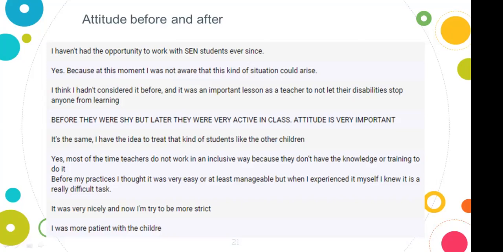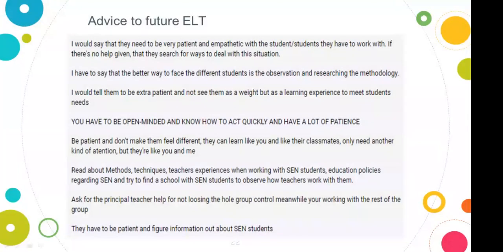But when I experienced it by myself, I knew it is a really difficult task. It was very nice, and now I'm trying to be more strict. I was more patient with the children. You see how they changed their attitude and how they raised awareness about this situation.